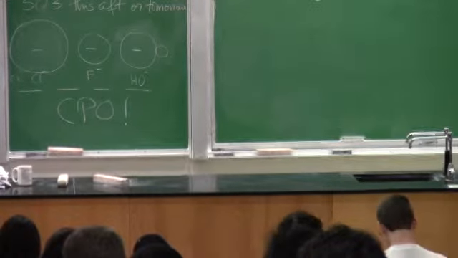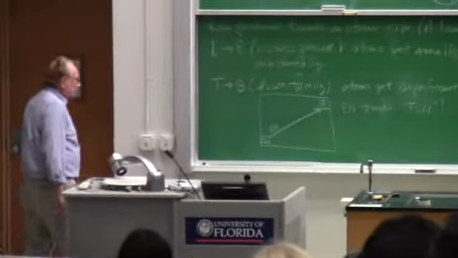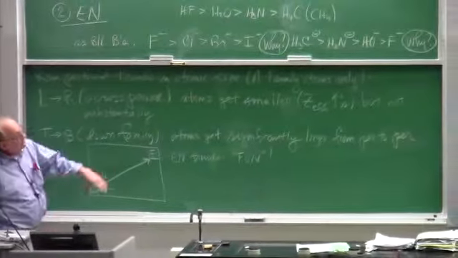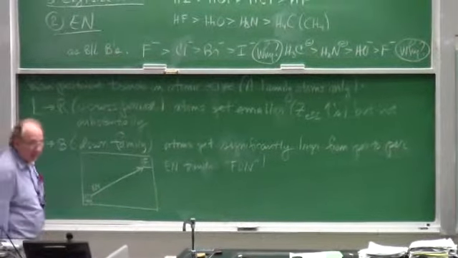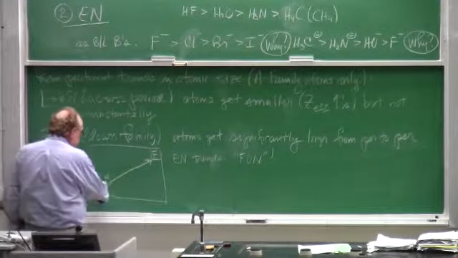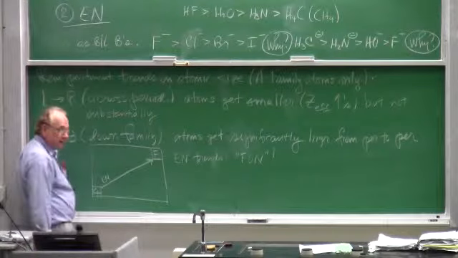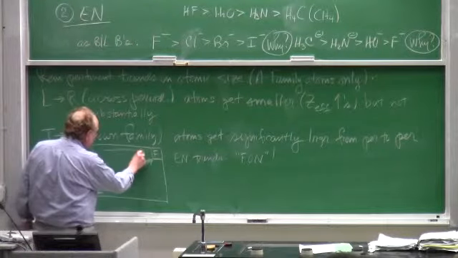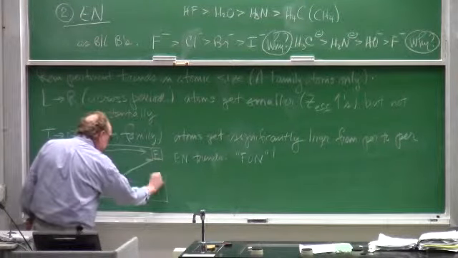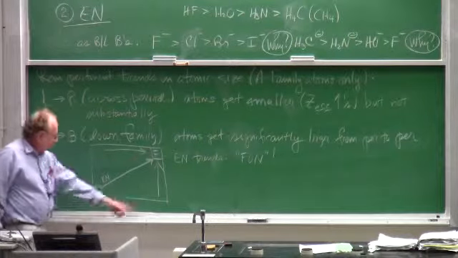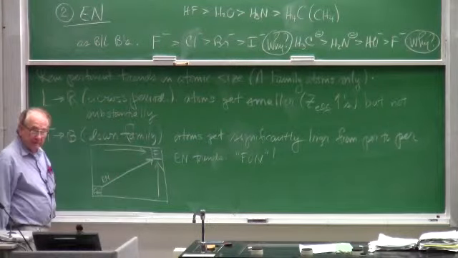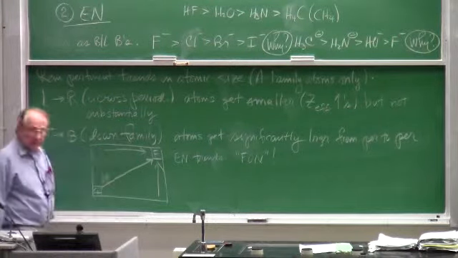Here's the EN trend. Start with cesium at the lower left corner, discounting francium because of its very radioactive character. ENs increase along this diagonal arrow. That means ENs increase this way in the family and this way across the period.